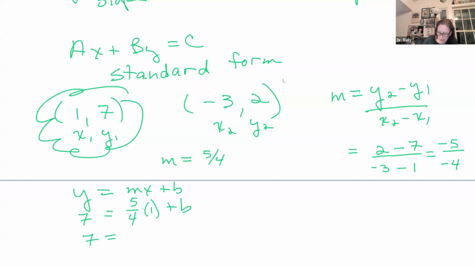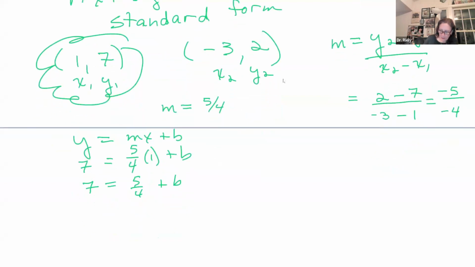So 7 equals 5/4 plus b. Okay, so I picked yucky numbers. So I'm going to make this 28 over 4, which is equivalent to 7. I'm going to subtract away the 5/4 to get my b. So that's going to be what? 23 over 4 is my b.